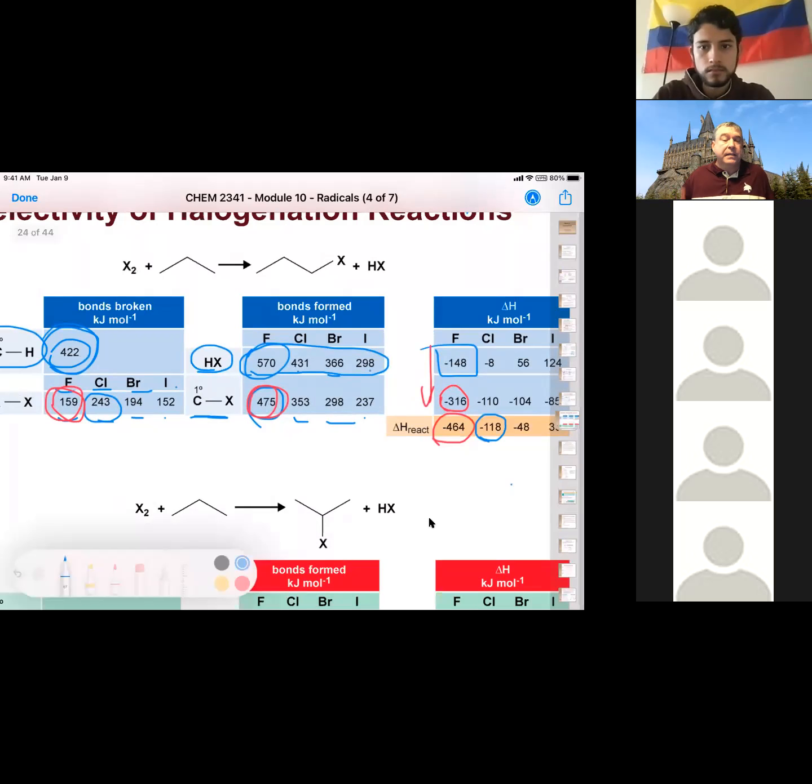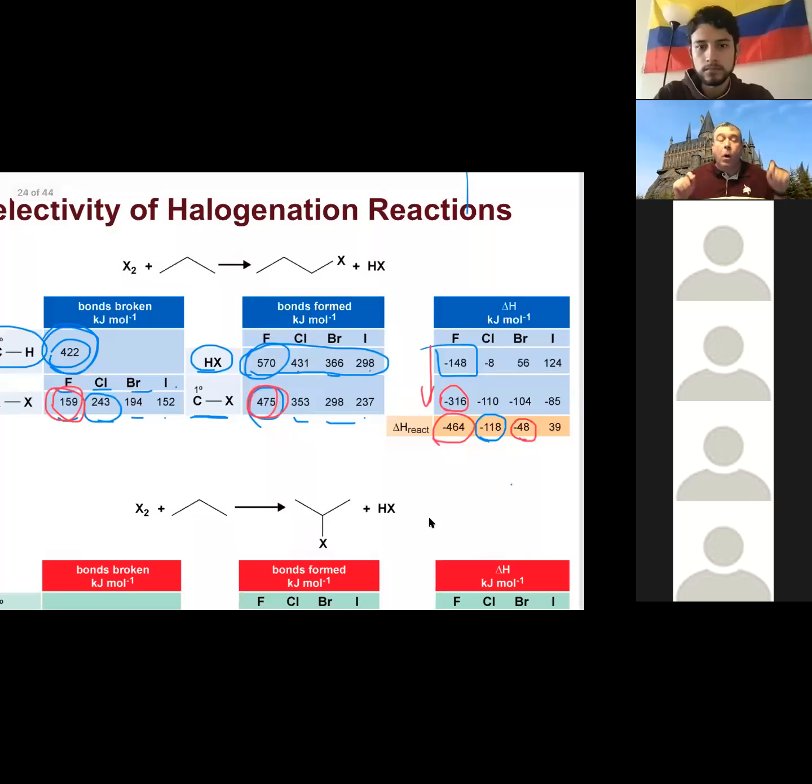So there might be something about that reaction moving slowly, and that slowness allows us to put things in a specific location. Then the last one here is iodine. Remember, iodine didn't work at all in that previous table. The reason it doesn't is that the net overall reaction is endothermic.